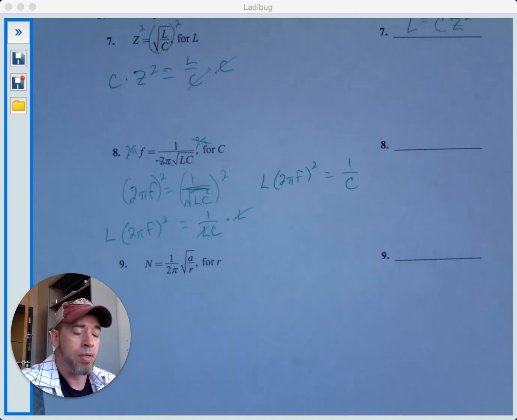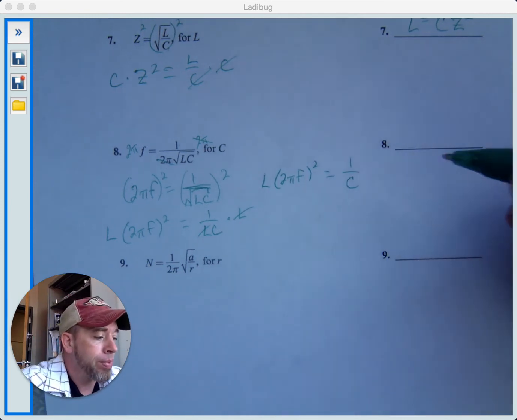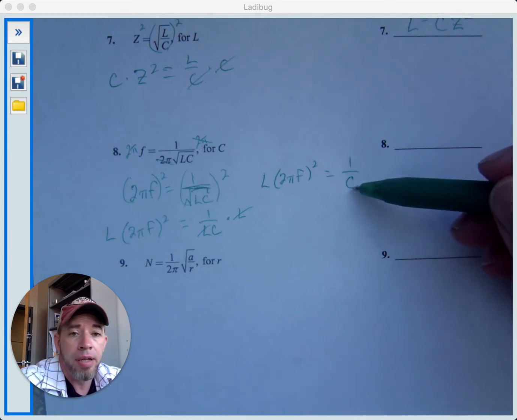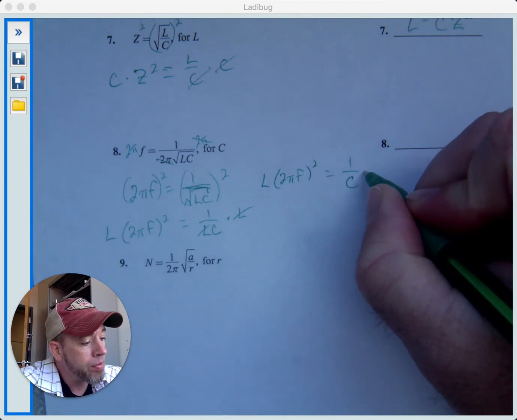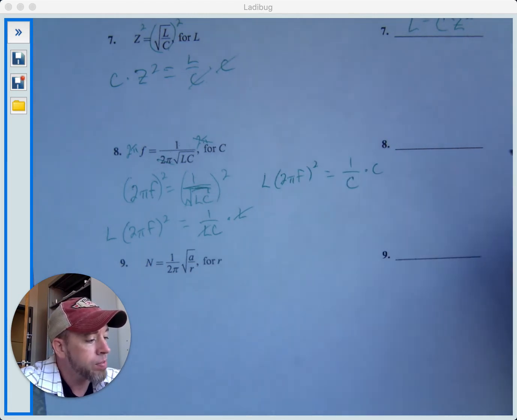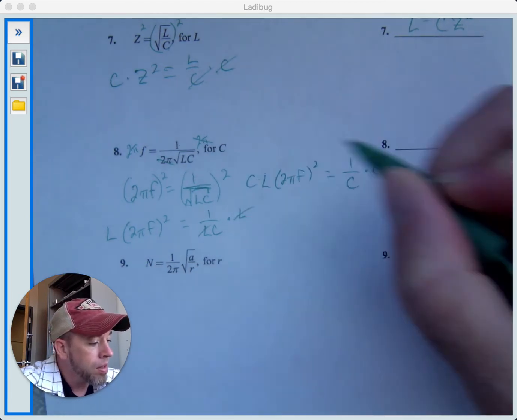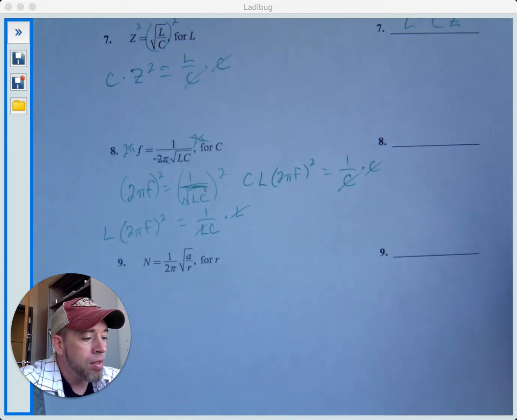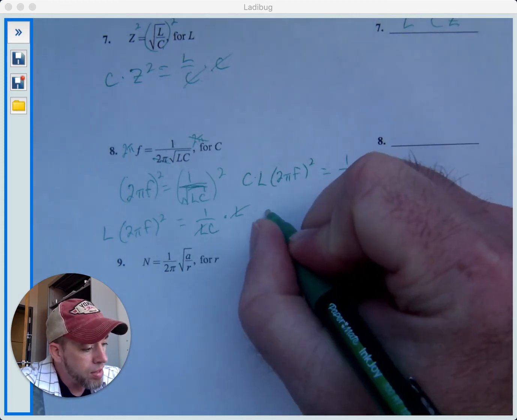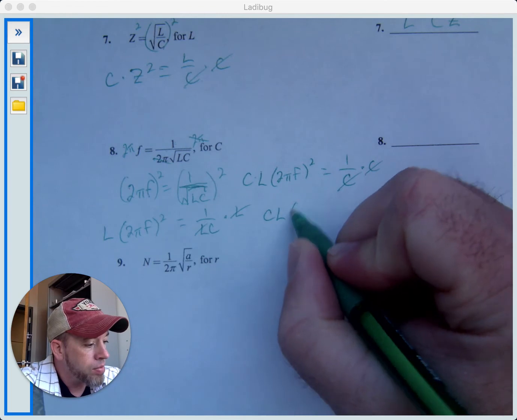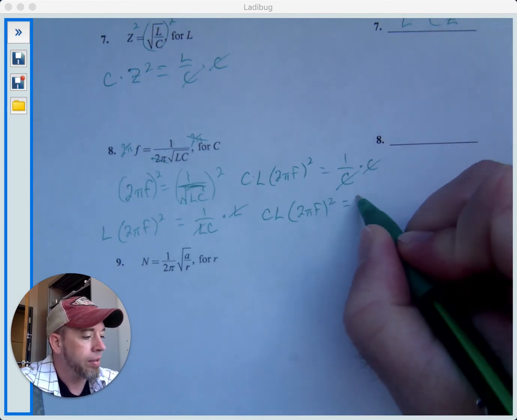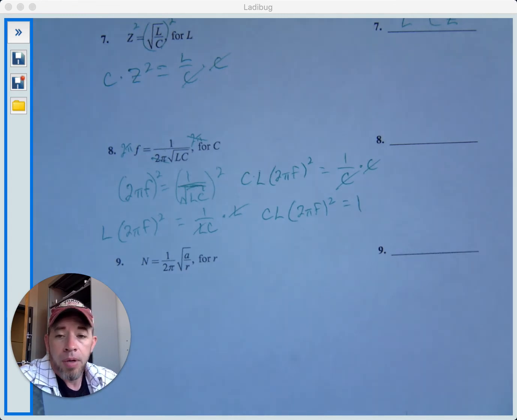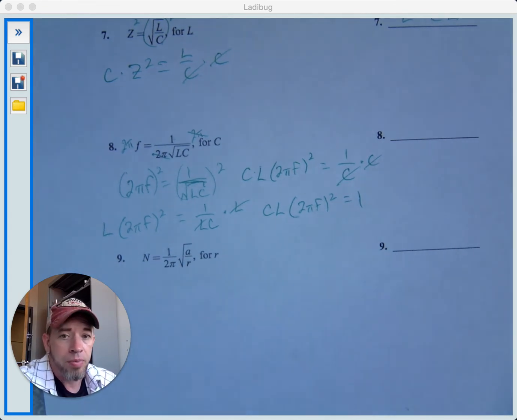There are a couple ways we could do that. But if you want to take a variable that's in a denominator and move it to a numerator, you could multiply both sides by that variable. So let's do that. Let's multiply both sides by c. Here the c's cancel. On the left, then we have cL times the quantity 2 pi f squared equals 1. But we want to solve for c. So guess what?